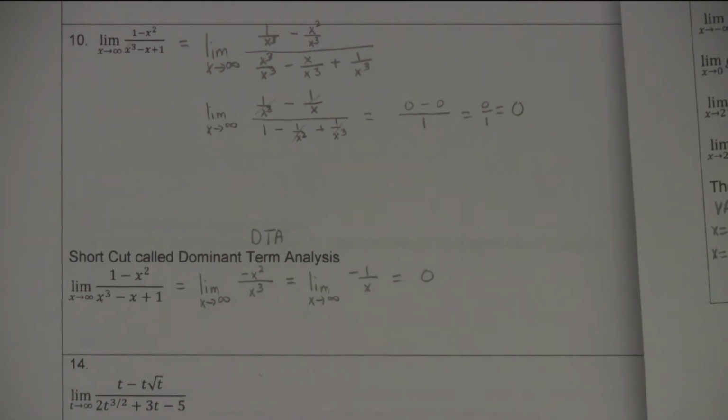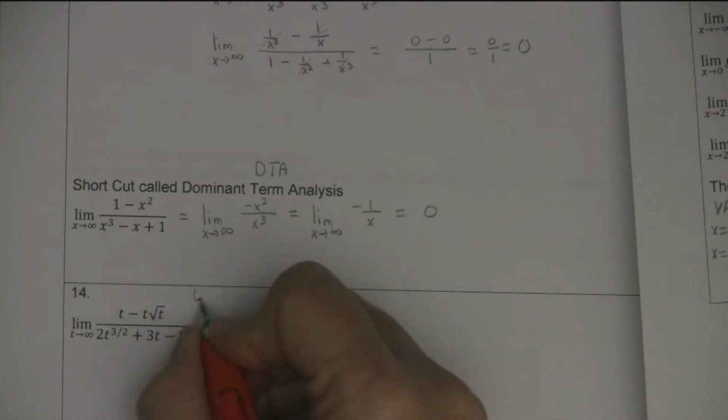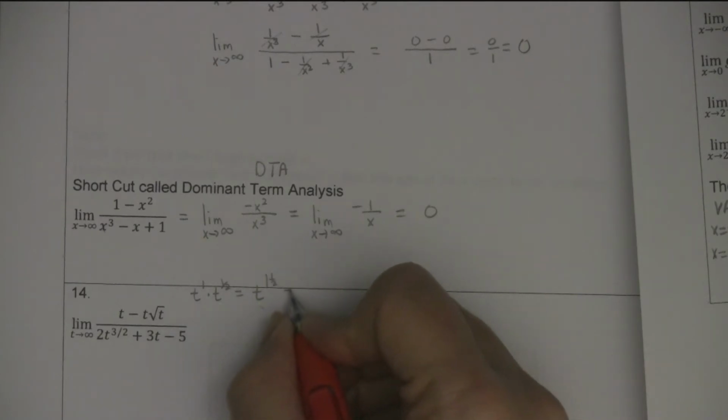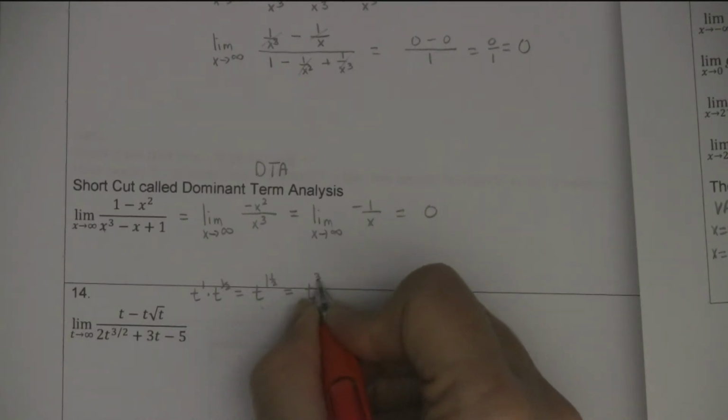Okay. So here they're saying, hey, if you were going to infinity, then what would this be? And you can use the dominant term analysis on this, because t times t to the 1/2 right here is t to the 1 times t to the 1/2, which when you add the exponents is t to the 1.5, right, which is t to the 3/2.